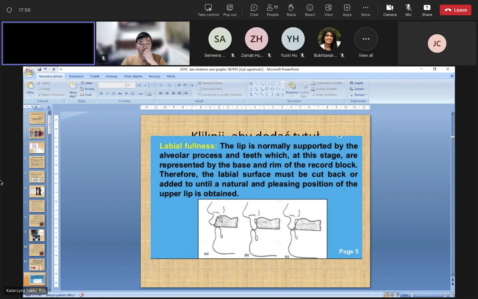Look, here is too much wax, so we should cut a little bit of wax in this part. Here, too little, add wax, and here is the proper support for the lip.